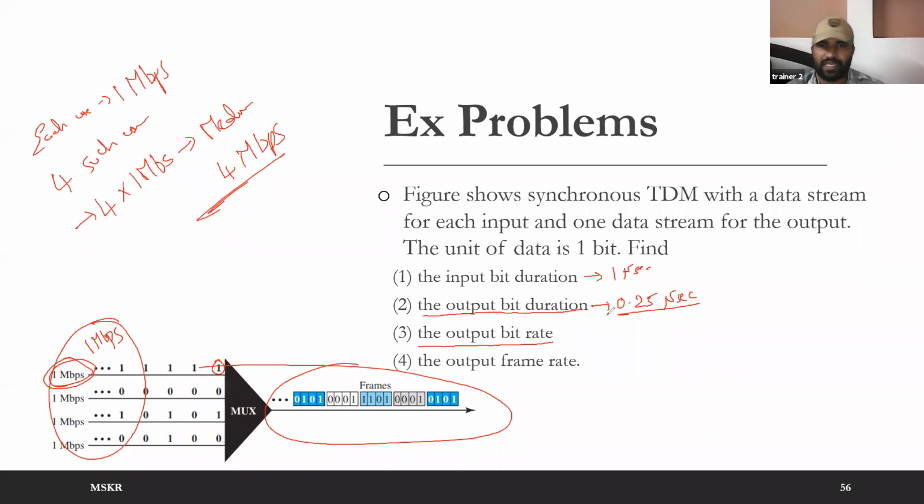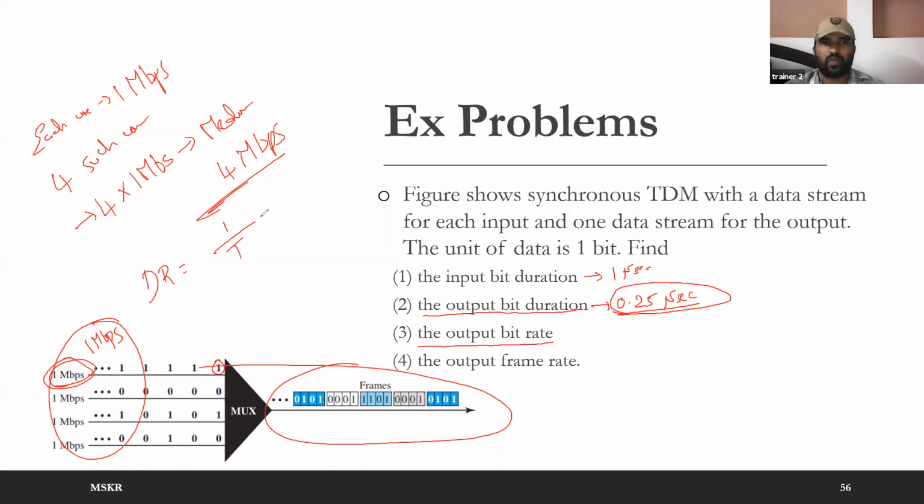The other way is, what is the output duration? 0.25 microseconds. If you want to get the bit rate, the data rate is equal to 1 by t.